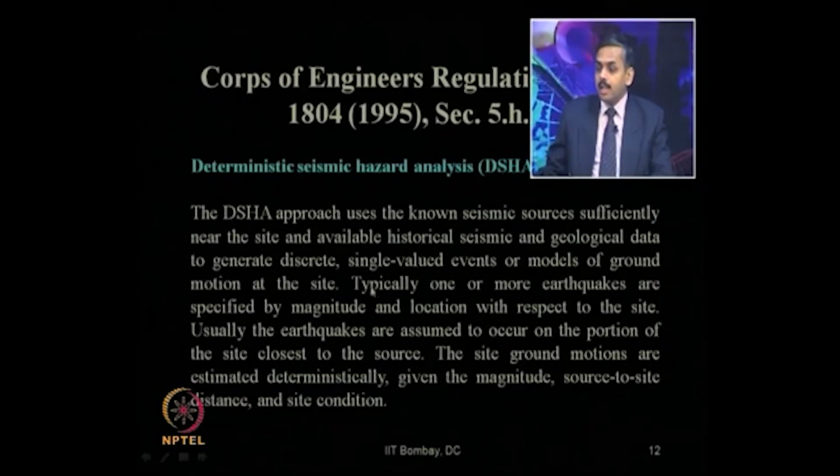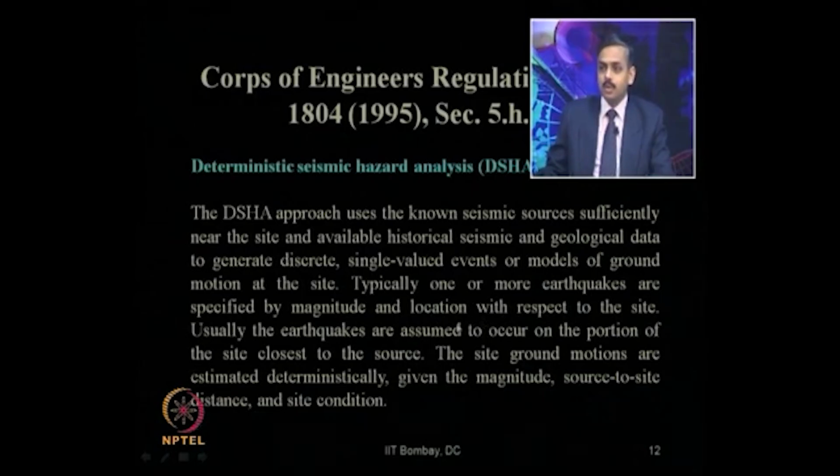So, typically one or more earthquakes are specified by magnitude and location with respect to the site. With respect to your proposed site, where you are going to design or construct your new structure, you have to find out possible near sources, and for all sources you have to find out how much magnitude of earthquake can occur in those sources, and the location of those sources.